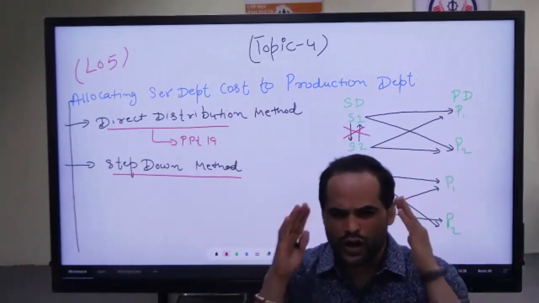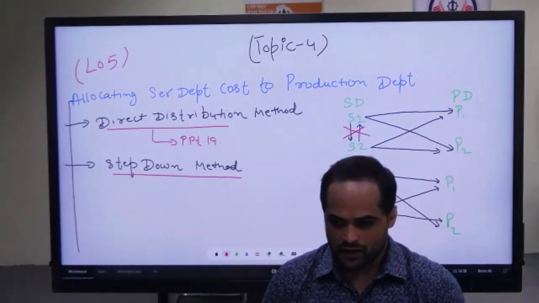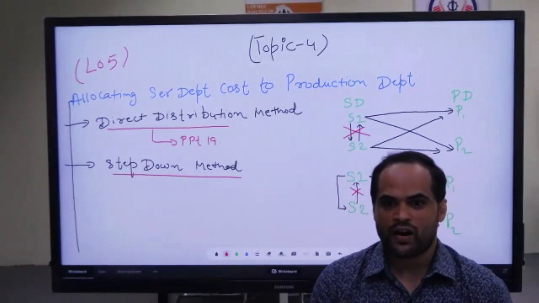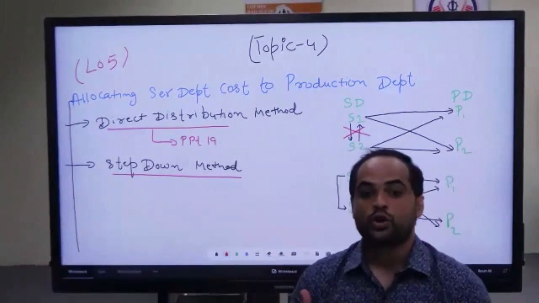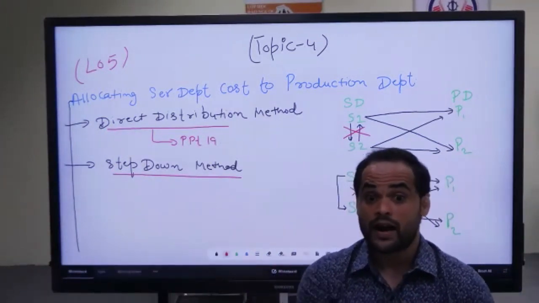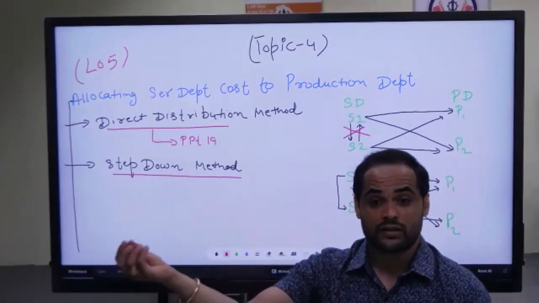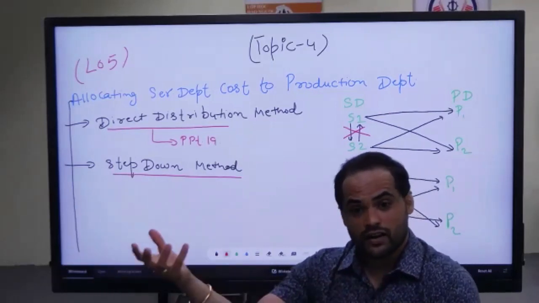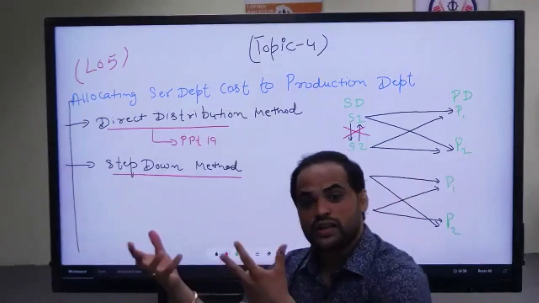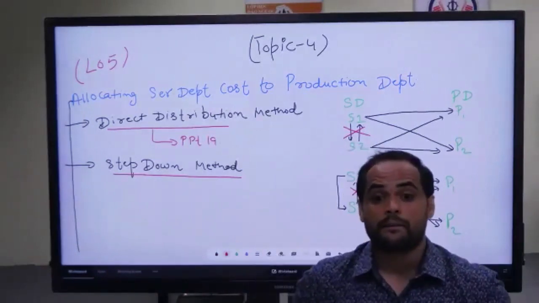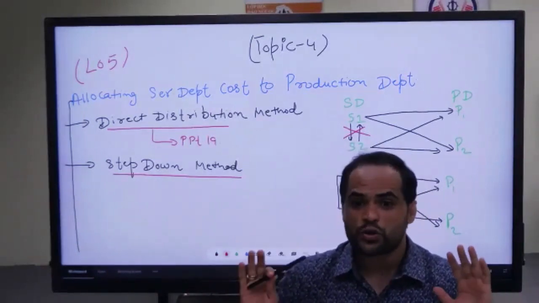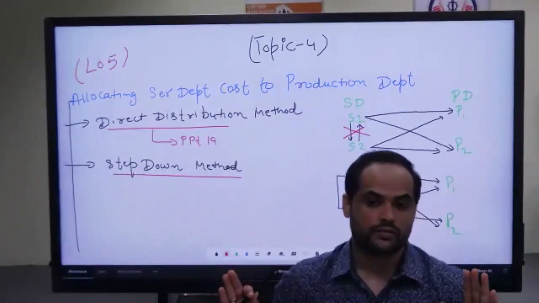So you don't have to think about what services are provided by the IT department to the human resource department. Maybe the IT department provides some technical information to the human resource department. Maybe. So you don't have to worry about it.